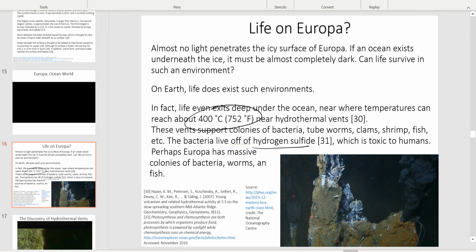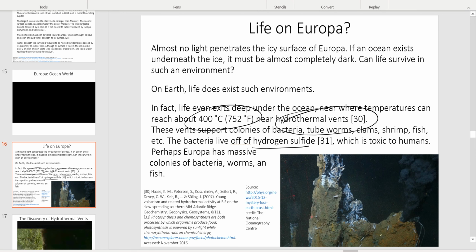Plants obviously depend on sunlight for photosynthesis. Other animals that we eat would either eat other animals or they would eat plants, which of course depend on the sun. But these hydrothermal vents are examples of regions on Earth where there's life, but this life does not depend really at all on sunlight.